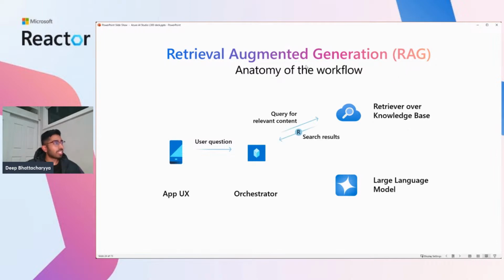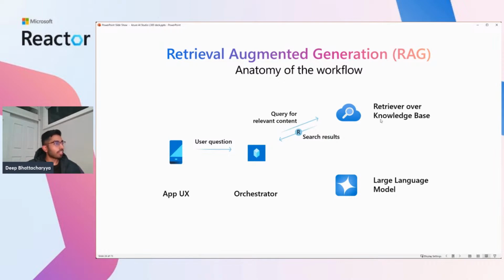We've already covered this RAG pattern in the last talk, but I'll cover it one more time. You have your application. The user asks a question to the orchestrator. The orchestrator is an app that's running in Azure App Service, perhaps, or it's running on a VM. It's basically a React app that has a server-side component to it as well.